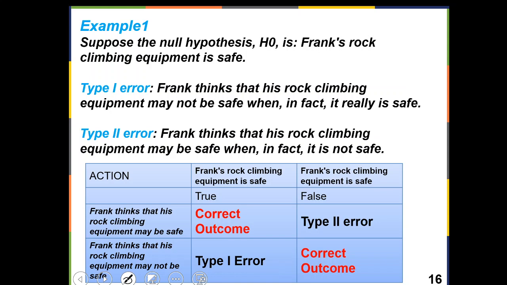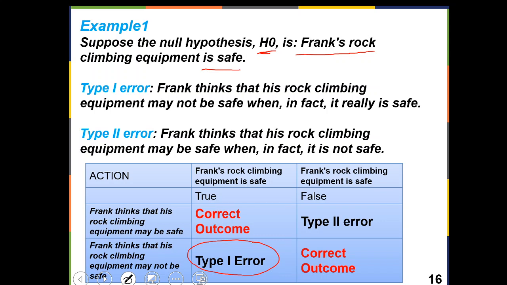Frank's rock climbing equipment is safe. So suppose that H null says that Frank's rock climbing equipment is safe. What if it's true and Frank rejects it? Well, that's type 1 error, right? So that means these are good equipment, but he refuses to use them and he thinks that there's something wrong with them. All right?